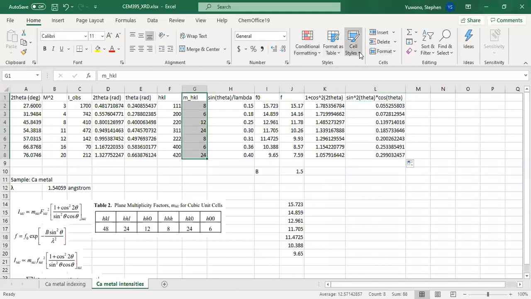So we have M, we have F, we have the numerator part of the angle dependence and the denominator part of the angle dependence.